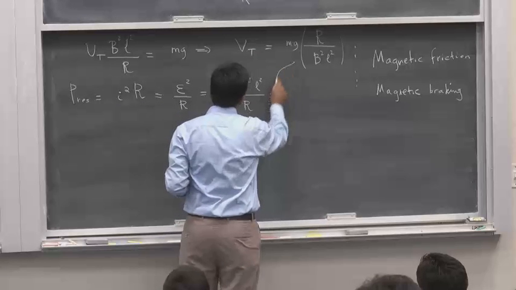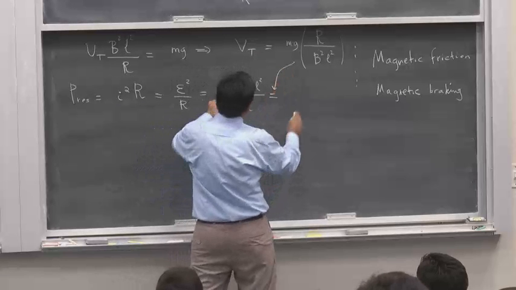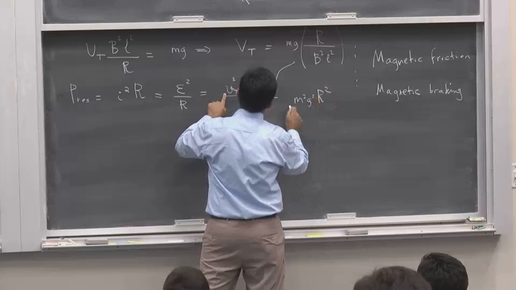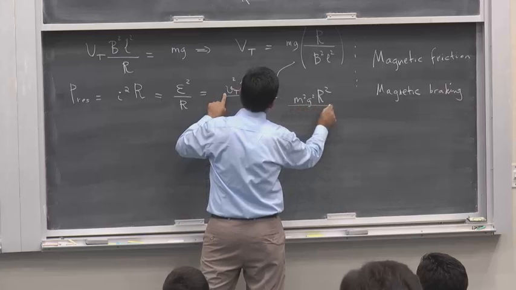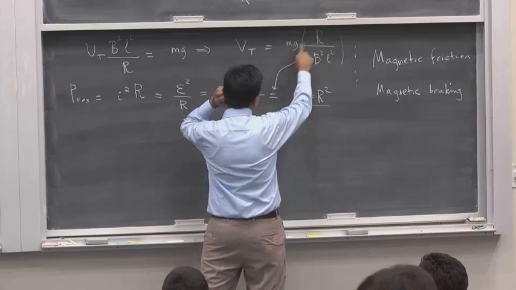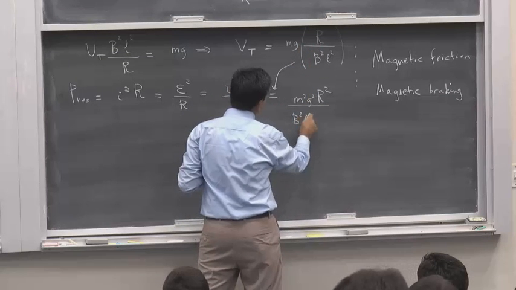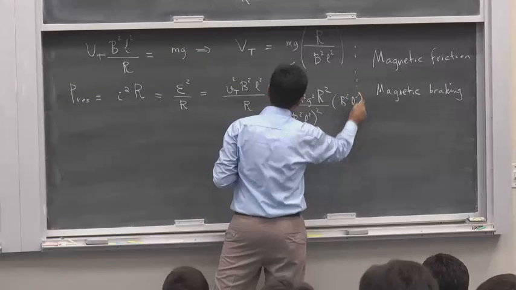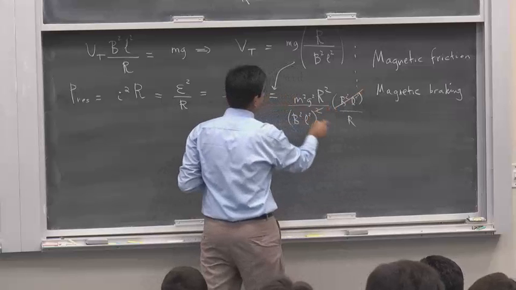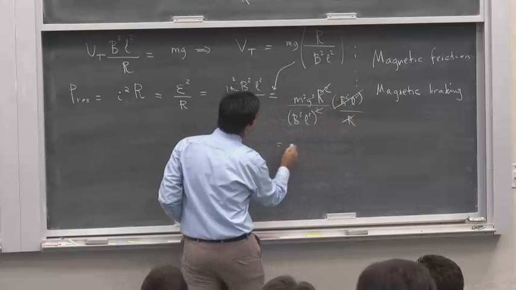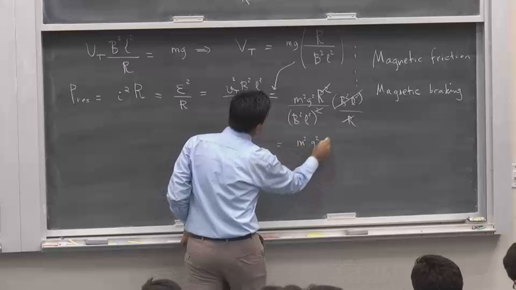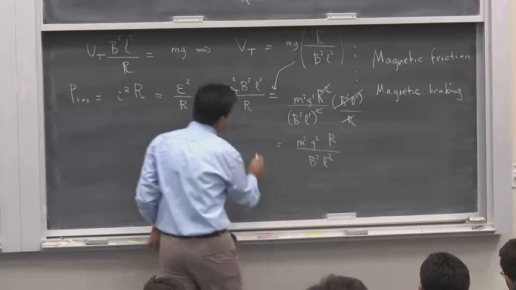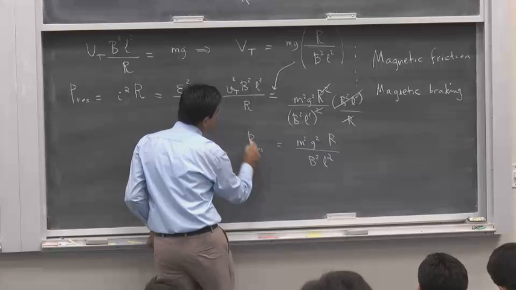If I insert the expression in here, I will obtain m squared g squared R over B squared L squared. This is the power delivered to the resistor.